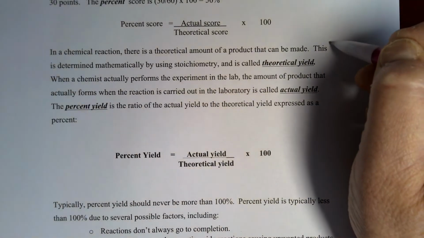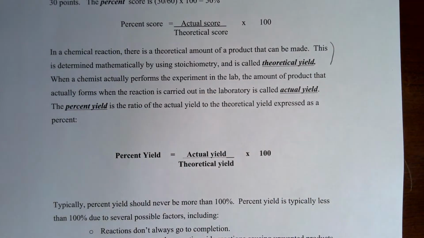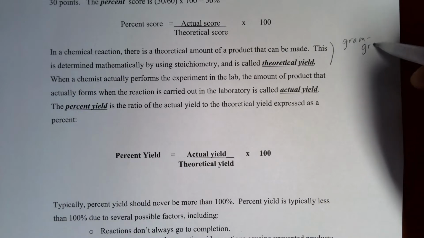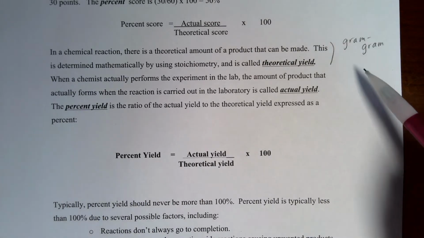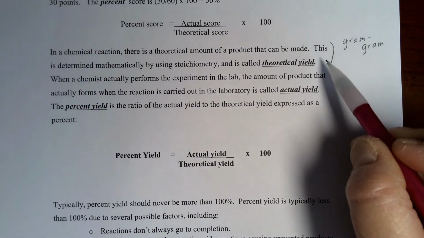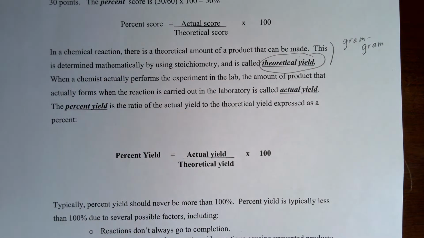So this is an important piece: the gram-to-gram stoichiometry that we've been working on, the answer to that problem is called the theoretical yield. So the theoretical yield is what the math of the chemical equation predicts you can make.